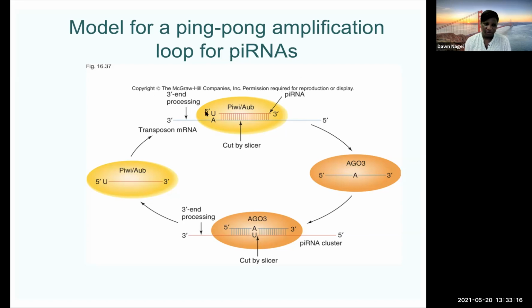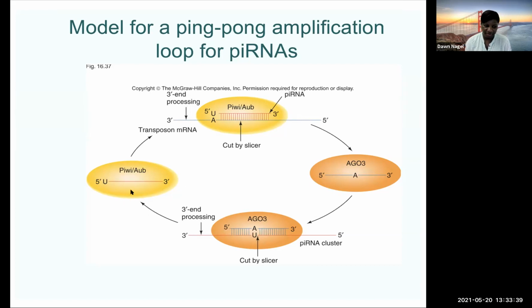So in very simple form, you could imagine that you have a piRNA. piRNA has a very special feature, right? It has a U at the 5' end. This is how it's made, and you'll see here in a minute where that comes from. So let's just start here.